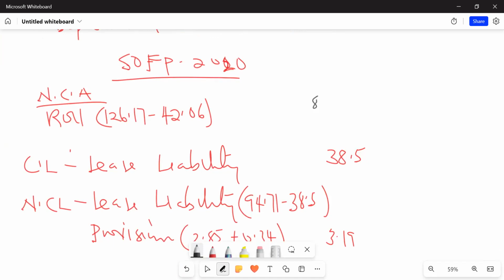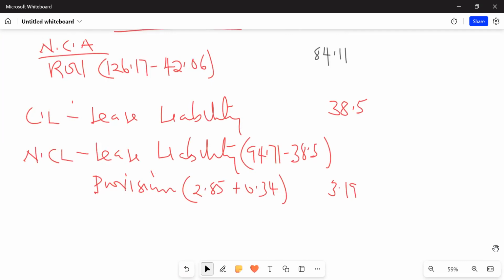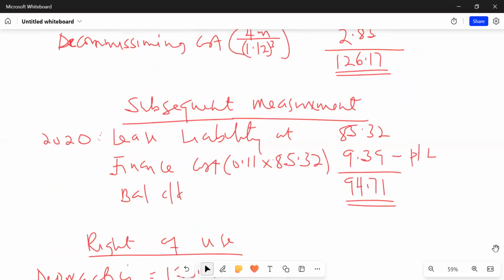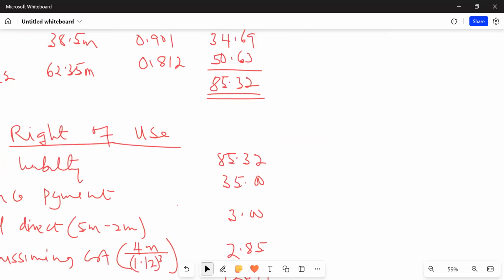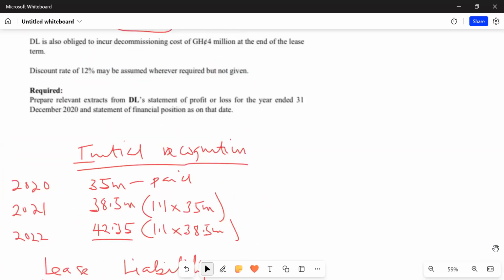The lease liability is 56.21. All right. So this is all about this question. Let's move on to the next one, the next major topic.